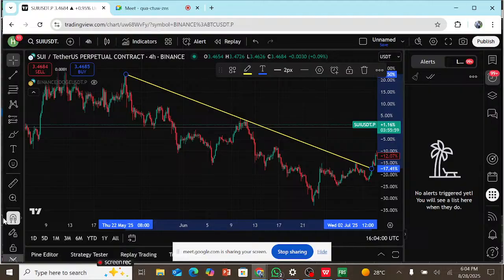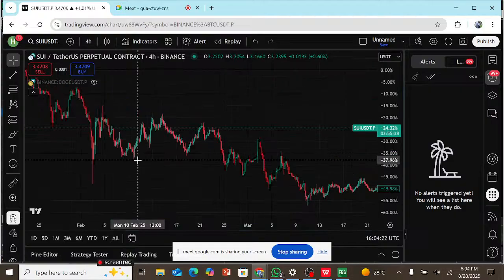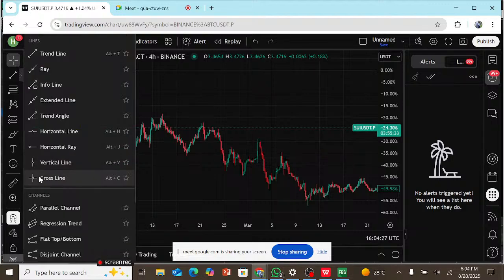Now, for a sideways market, we don't use a trend line to determine it, we use what we call support and resistance. Let me show you.